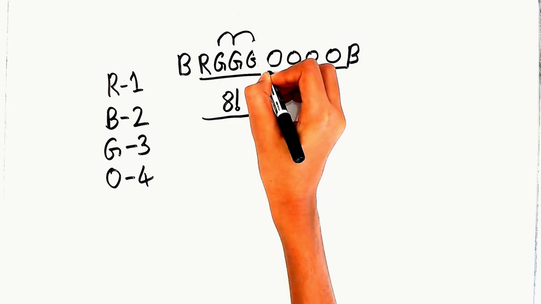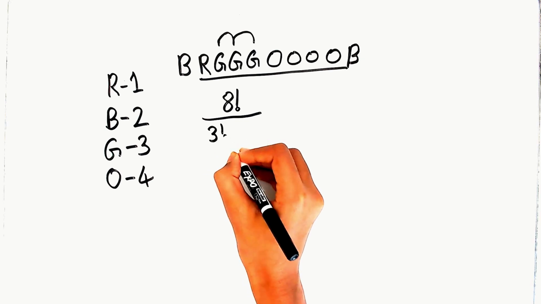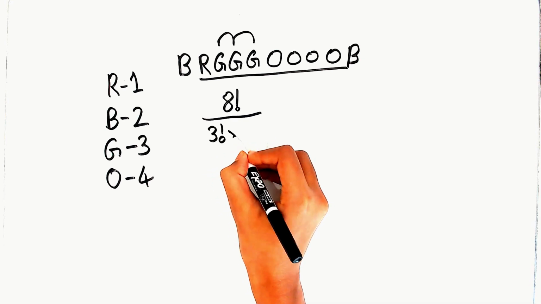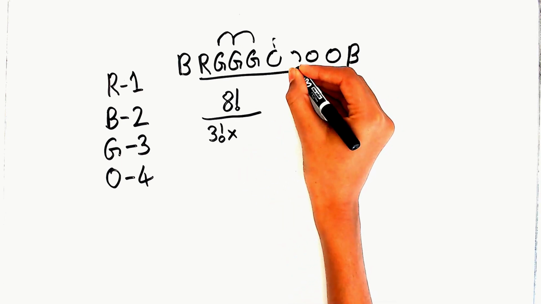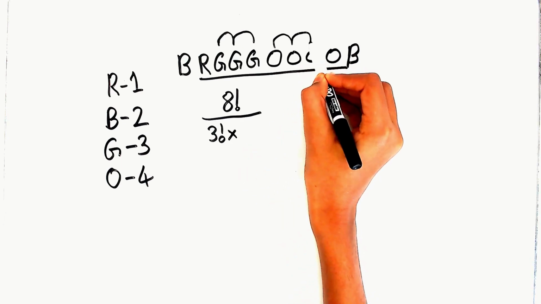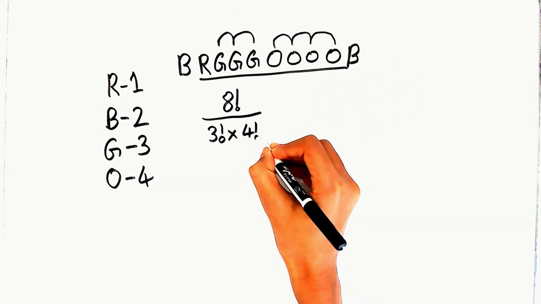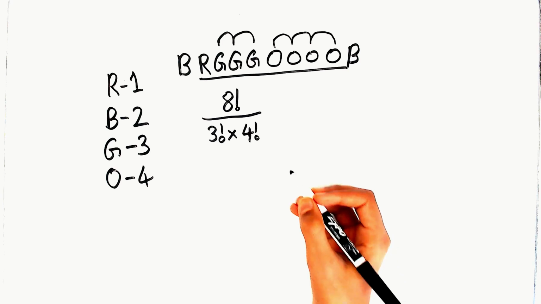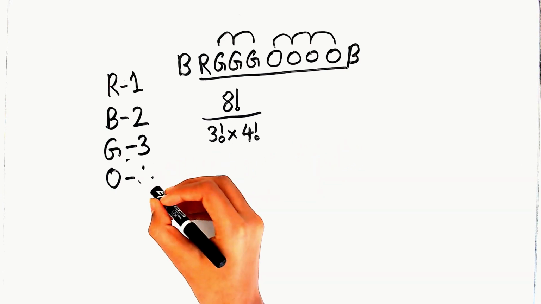But there's 3 greens, so we would do 3 factorial times, and over here we have 1, 2, 3, 4. We have 4 factorial.